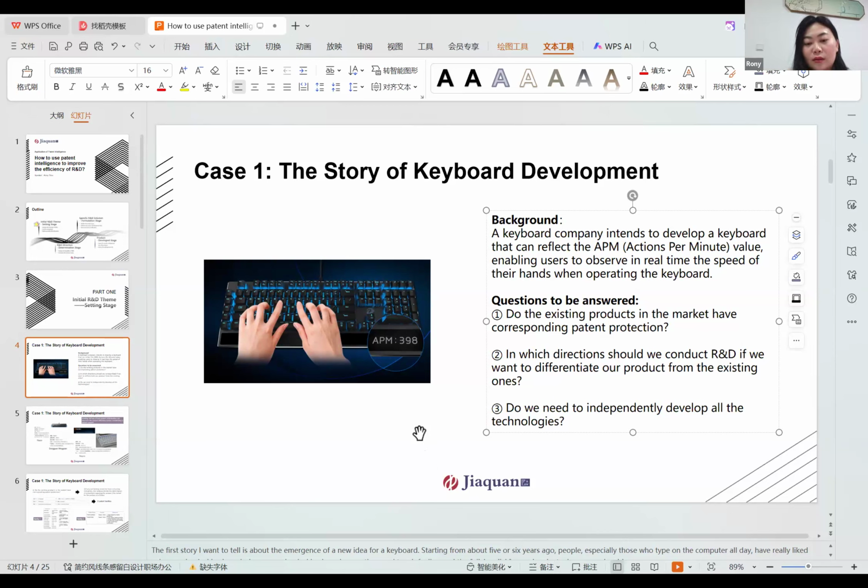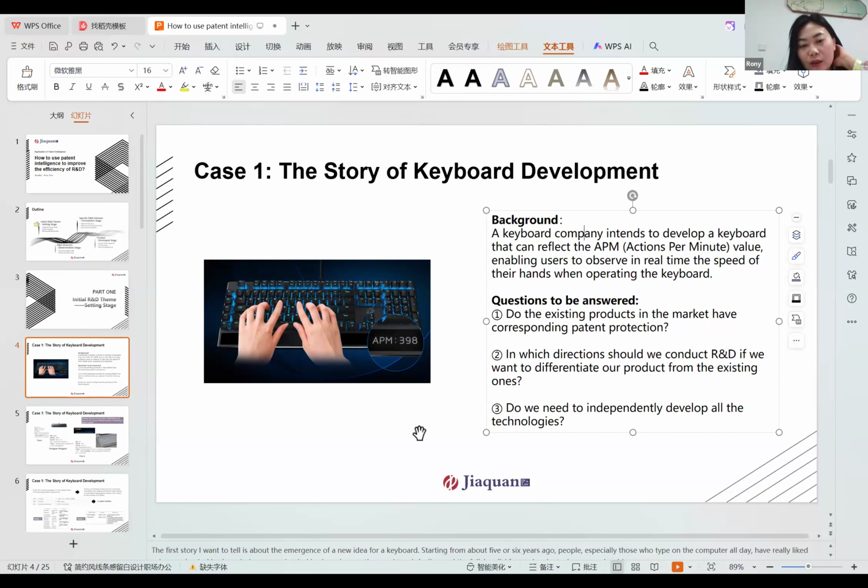Right. Well, I think citation frequency is just one element, because patents with higher citation frequency means their technologies are seen as more important.